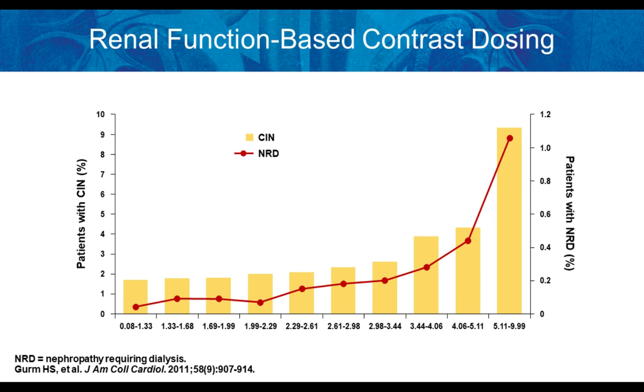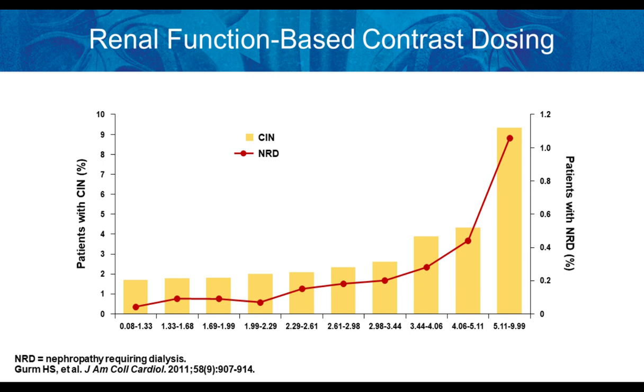So what you see here is the yellow bars are showing the likelihood of the patient developing contrast-induced nephropathy. The red line suggests the likelihood of the patient developing nephropathy that required dialysis. These are patients who were not on dialysis coming into the lab, but after a few days they ended up on dialysis. So what you see is that going from a ratio of about 2, the risk is fairly flat, and then it starts to escalate as you go up to about 3.